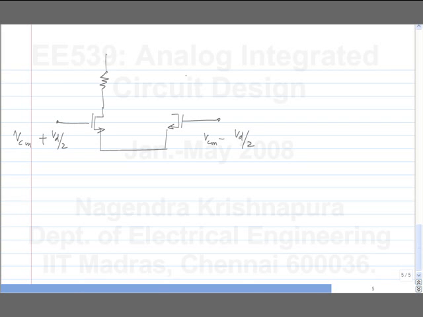And let's also use an idealized model of the transistor in which there is no channel length modulation. Both of them obey square law exactly. The bottom current source will also be implemented with a transistor, but for now I will use an ideal current source. Okay.